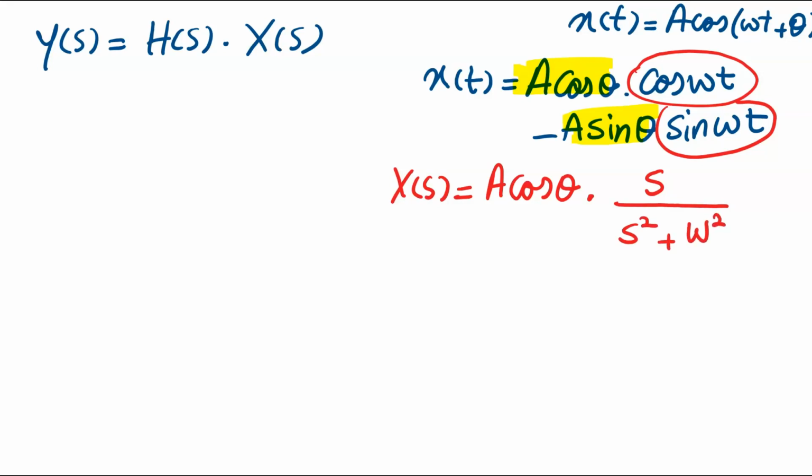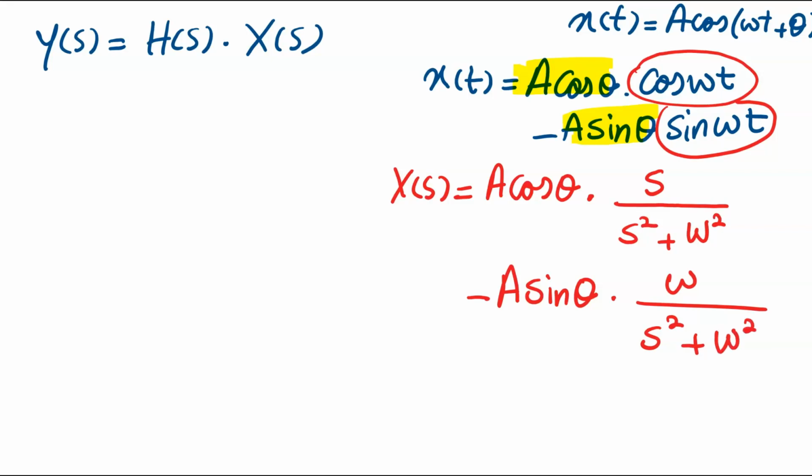And then for sine, the coefficient is A sine of theta, and for sine of omega t I have omega over s squared plus omega squared.